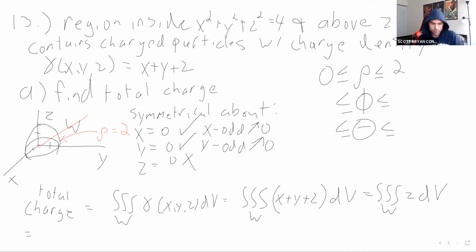Phi goes from what to what? So remember, I like to think of phi as starting at the positive z-axis at 0. If you have points on the positive z-axis, phi is bounded below by 0. And then opening up the cone until you hit the outer boundary of this guy.